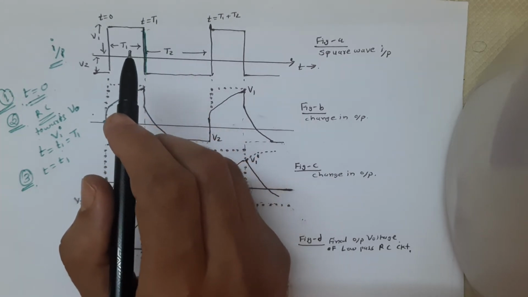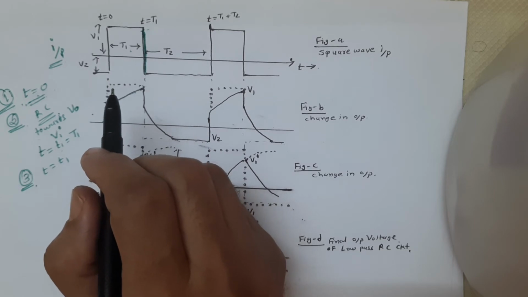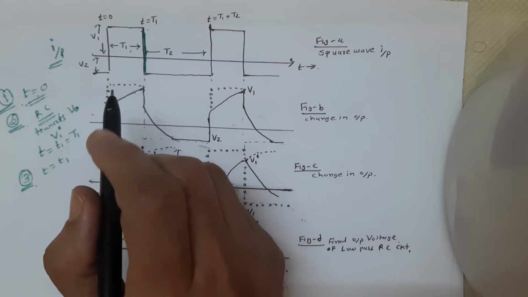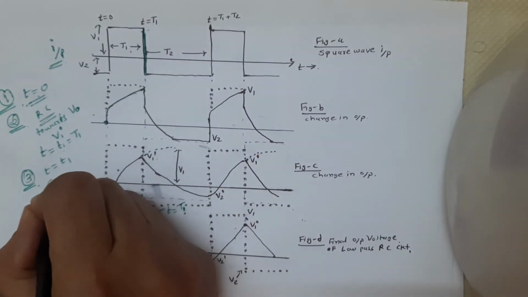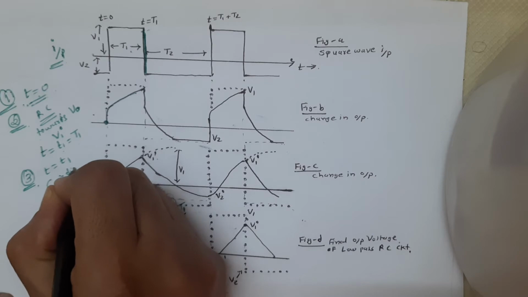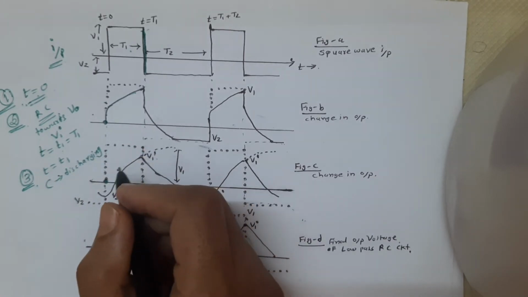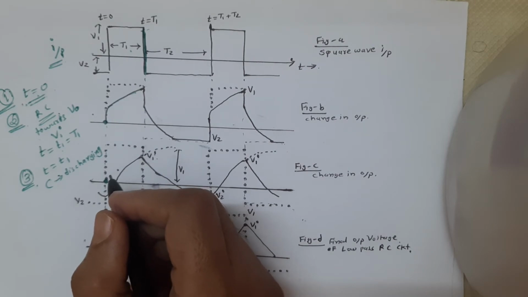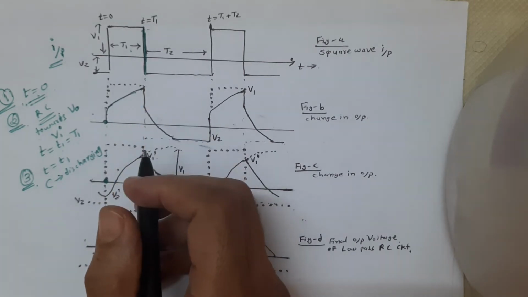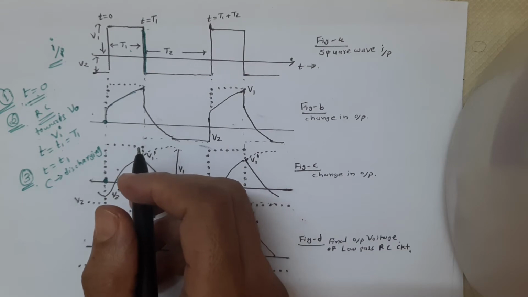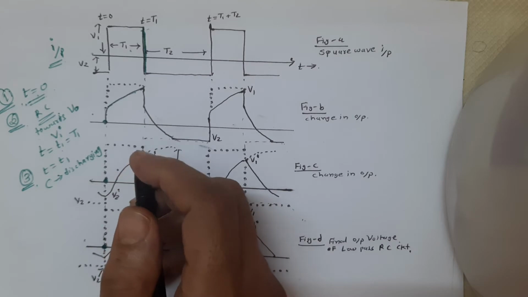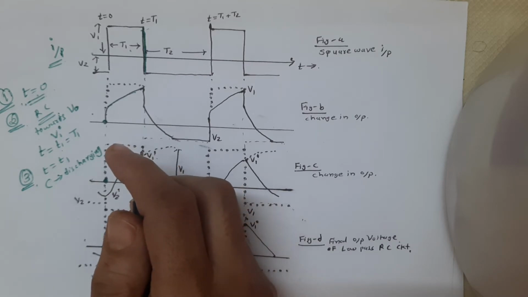So at t equal to T1, a negative step voltage appears across the capacitor C, so C starts discharging due to the negative voltage. C discharges exponentially until the next positive step voltage appears at the input.